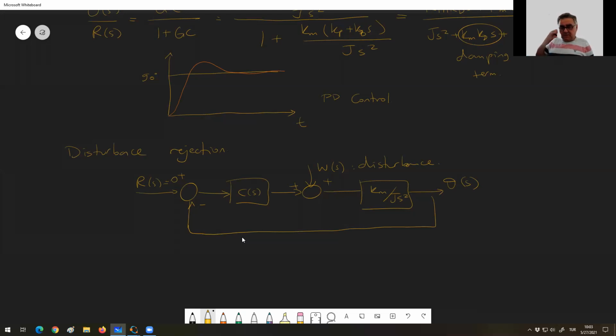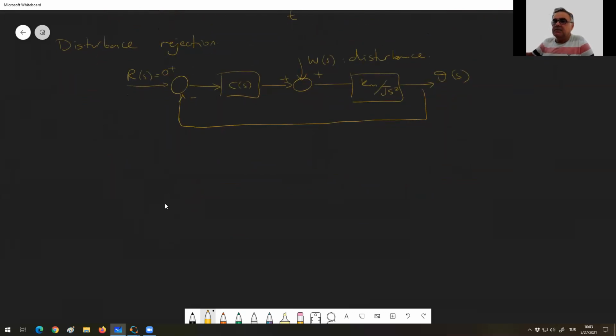We found last time that the system type for disturbance is 0. Okay, it cannot even reject a step disturbance. Let's try first C of S equals Kp, the proportional control.